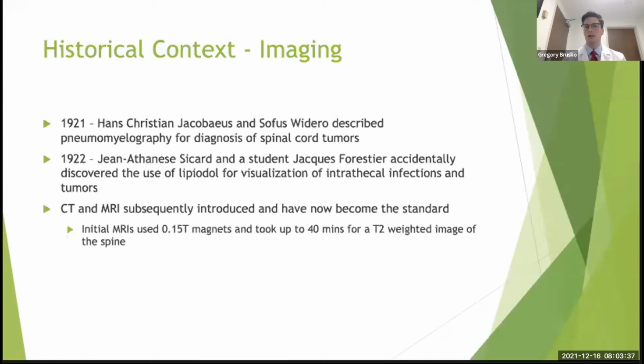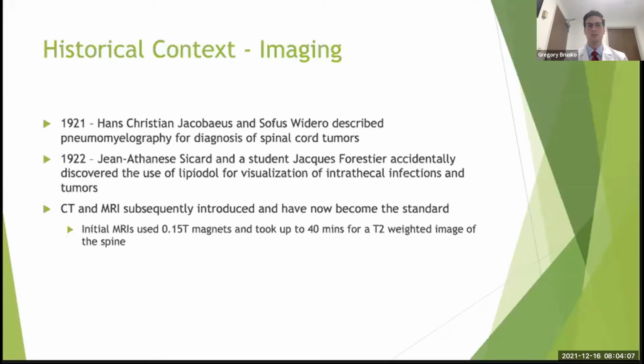They had been studying and injecting it into the epidural space, but one of his students injected it into the thecal sac during a particular experiment, and they were able to see the dye within the thecal sac, and it was used well into the 30s, despite it causing concerns of arachnoiditis. However, in the 80s, iohexol and iopamidol, which are non-ionic water soluble, became the standard that are still used today for myelography.